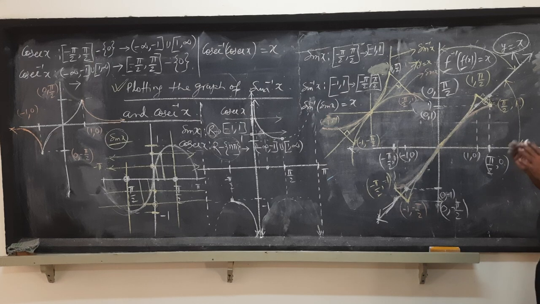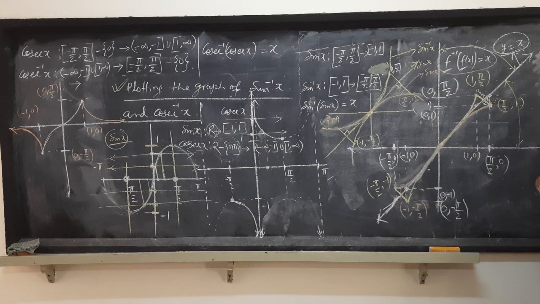If any function is symmetric about a straight line, then if you drop a perpendicular from here, this length and this length are equal. That is the property of the symmetricity.